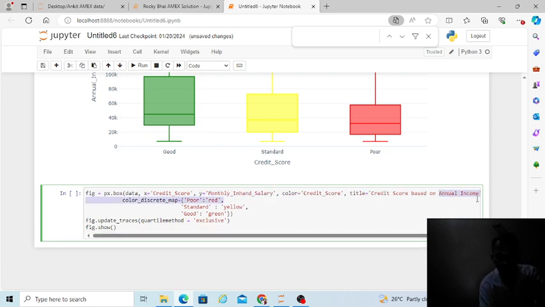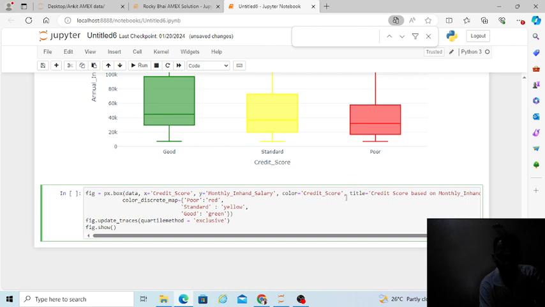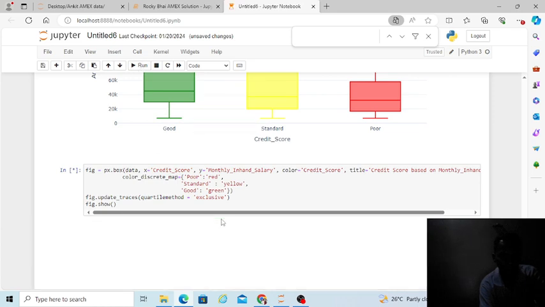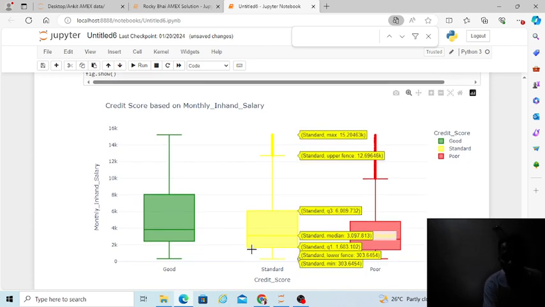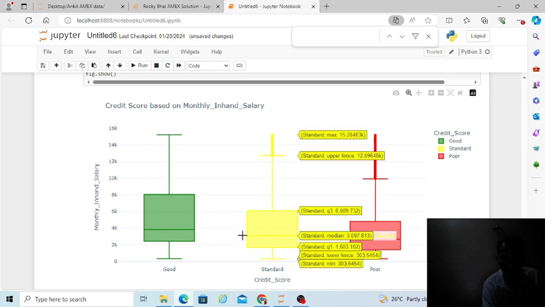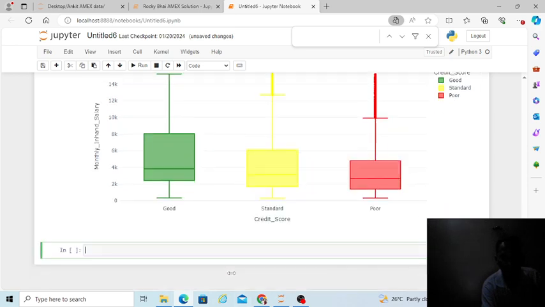Based on monthly in-hand salary, we will check what kind of data it shows. It has also got some outliers, and clearly the data is showing that there is a higher number of people who have got good credit worthiness.